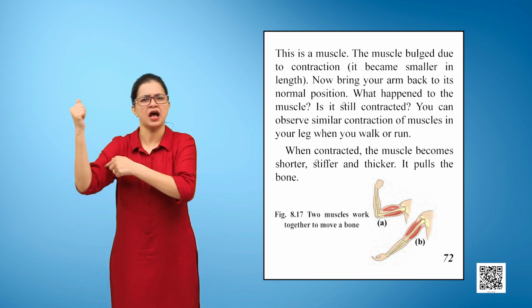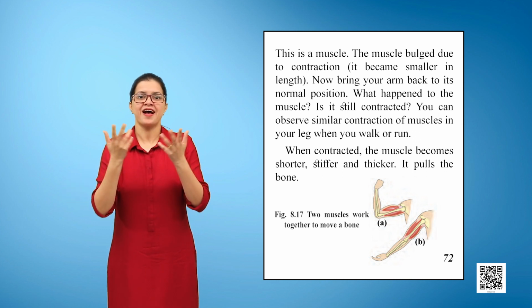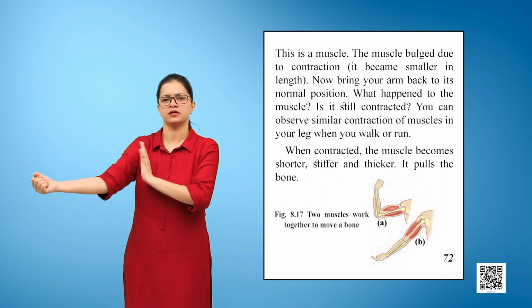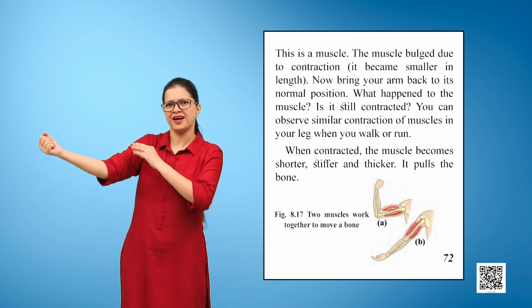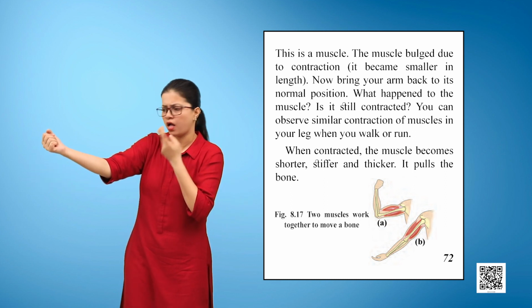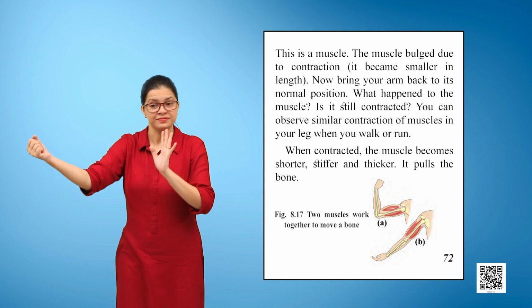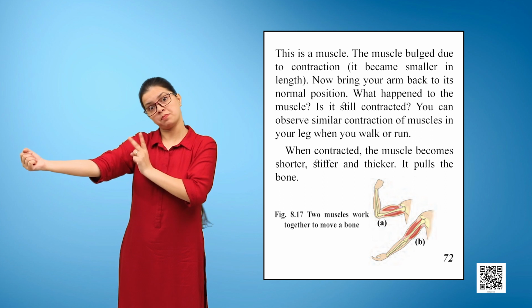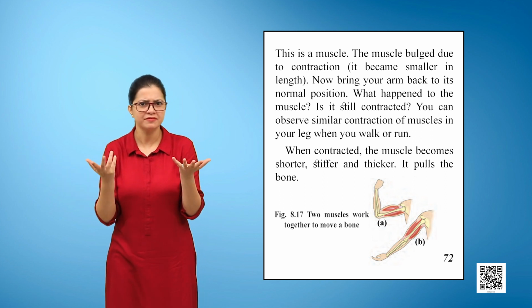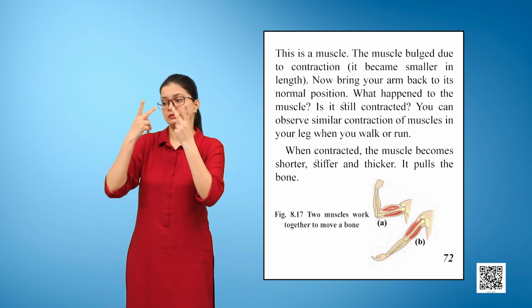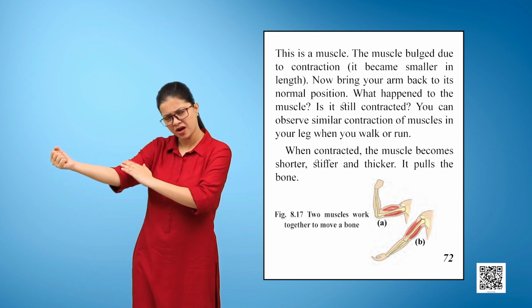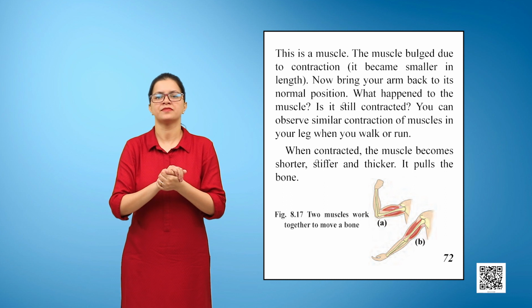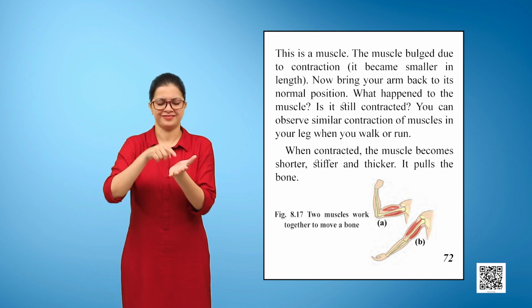Now bring your arm back to its normal position. What happened to the muscle? Is it still contracted? You can observe similar contraction of muscles in your leg when you walk or run.